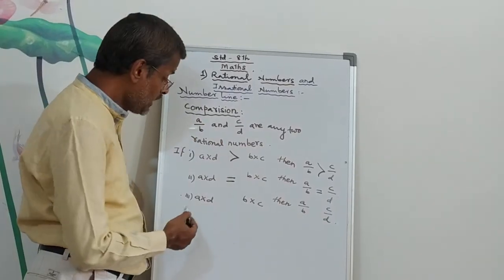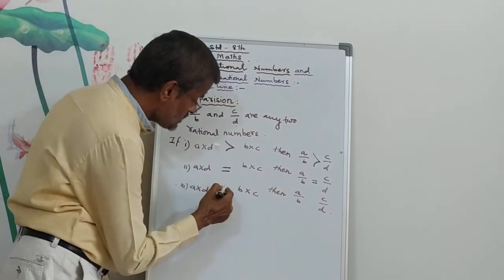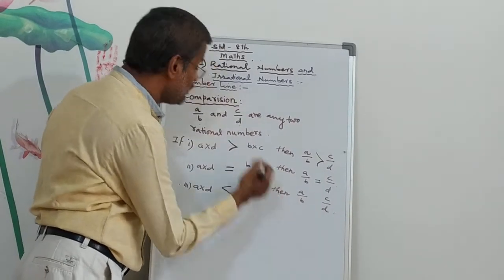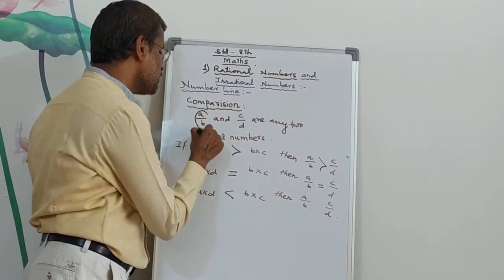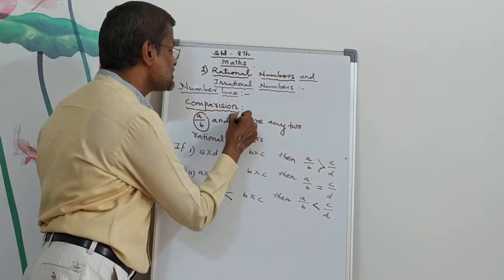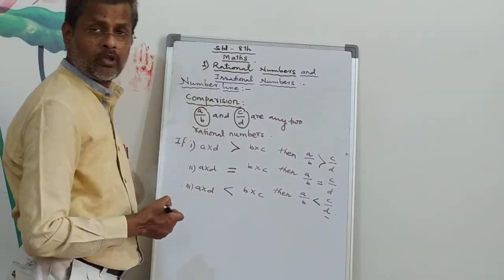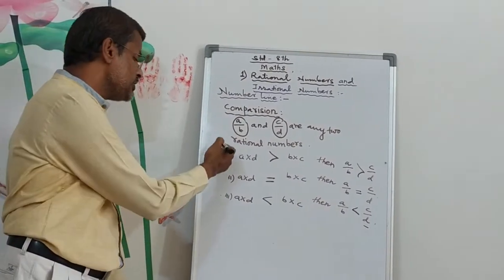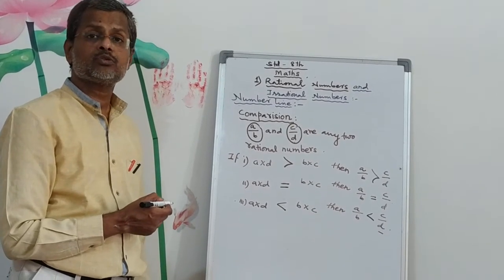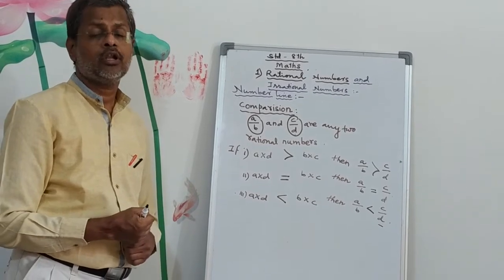In the same way, if A into D is less than B into C, then the first rational number A upon B will be smaller than the second rational number. So these are the 3 different criteria for determining the smaller or greater rational number.